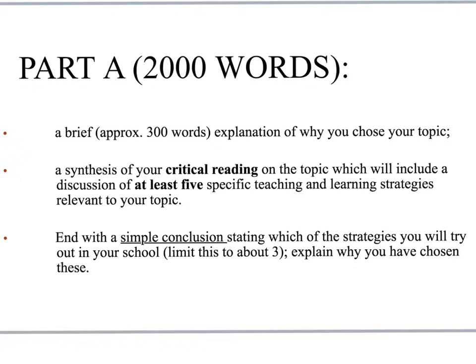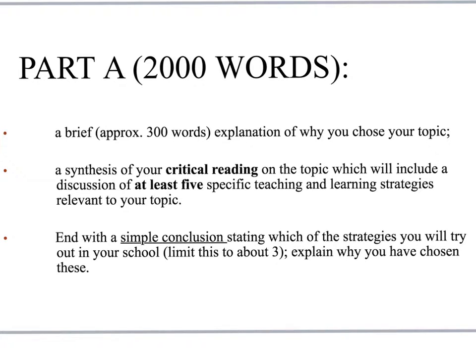Part A, which is due in February, is your summary of the reading that you have done, which will really focus on a critical engagement with various recommended strategies. So try and find at least 5 strategies from the books and evaluate them.